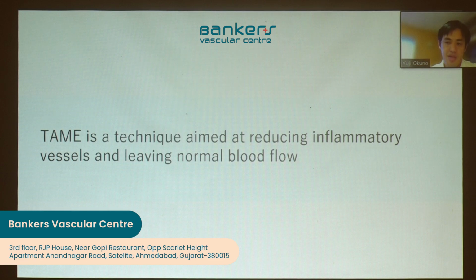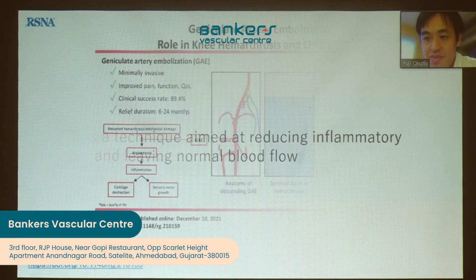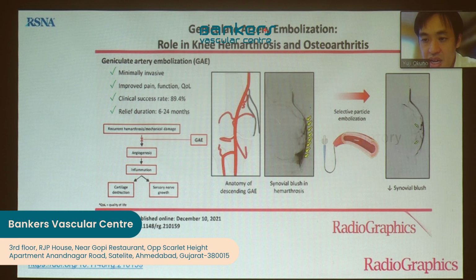Okay. And now the most accepted procedure in this field is genicular artery embolization. Genicular artery embolization is a procedure for reducing inflammation by blocking inflammatory vessels in the genicular artery.